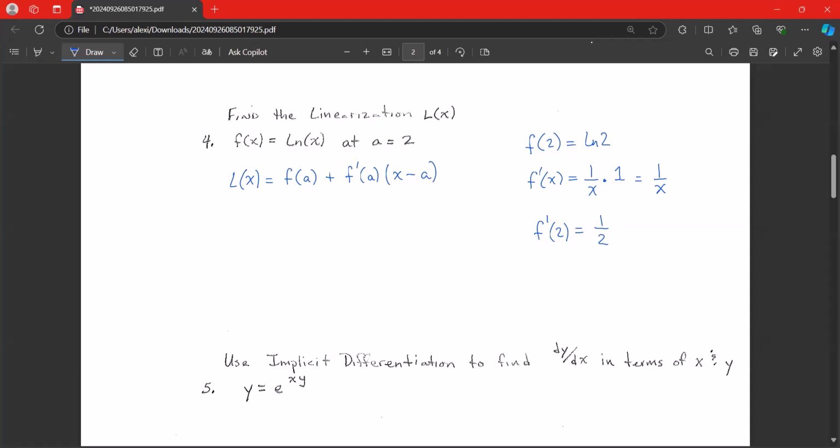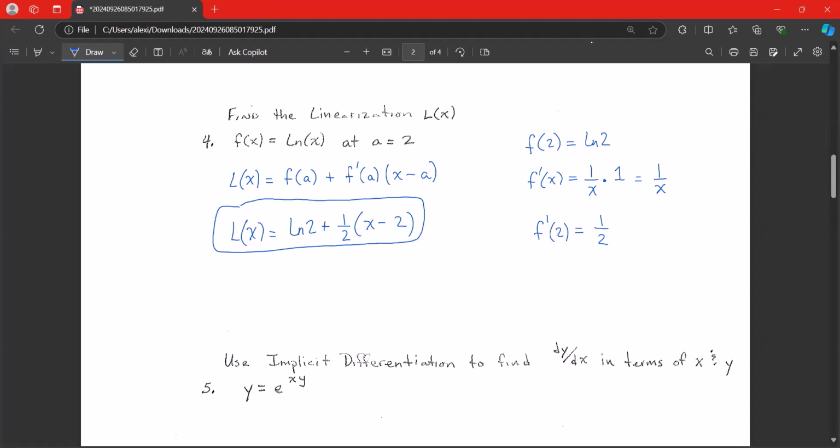Now we'll put it all together, and we end up with our linear approximation is equal to ln 2 plus 1/2 times x minus 2.